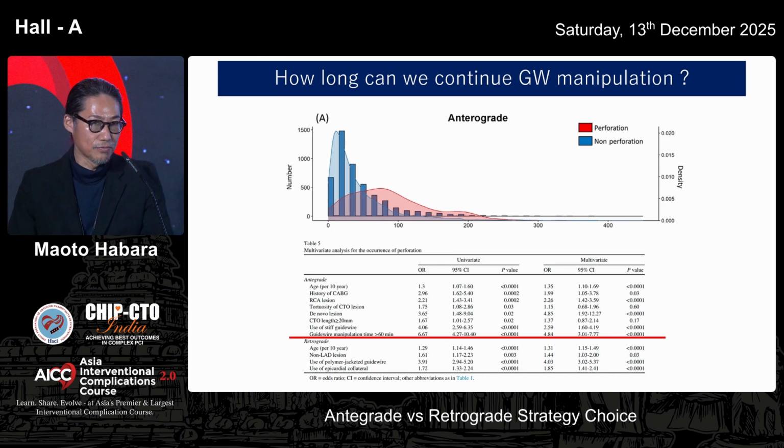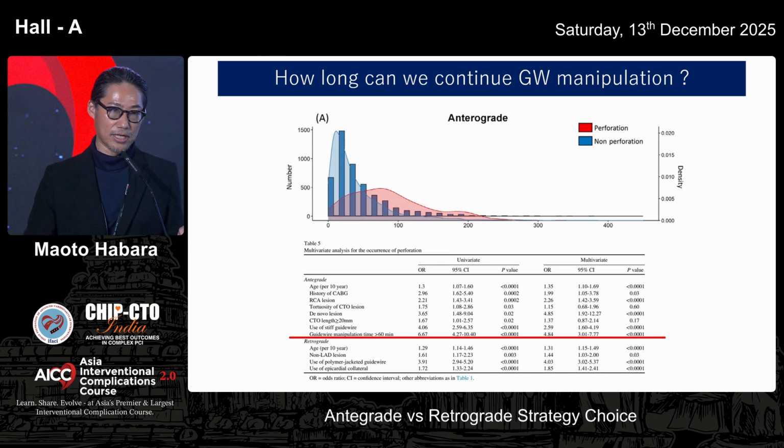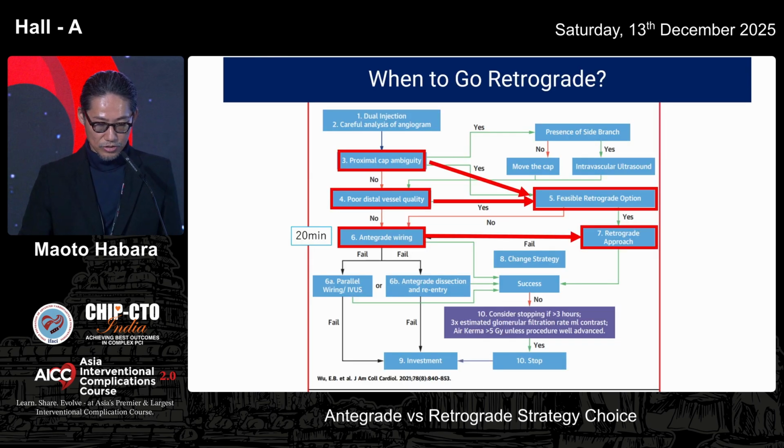That's why, if we fail after 20 minutes of antegrade wiring, we may consider switching to retrograde. So these are the 3 points: proximal cap ambiguity, poor distal vessel quality, and antegrade wiring failure. These are the 3 points to consider the retrograde approach.